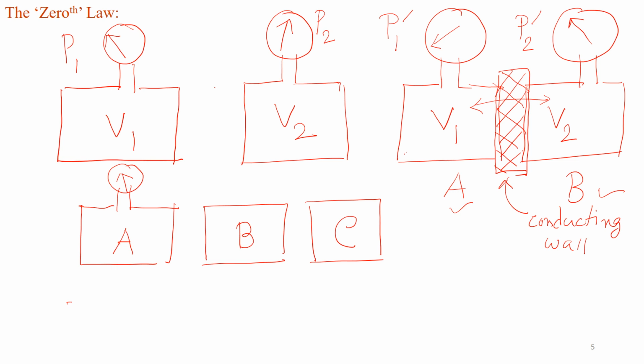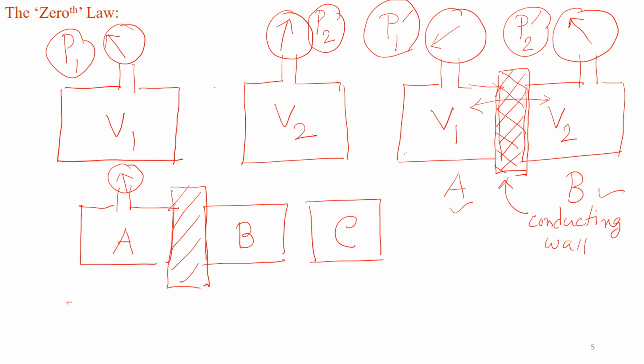In order to maintain the thermal equilibrium, the pressure has changed for system A from P1 to P1 prime, and for system B from P2 to P2 prime.